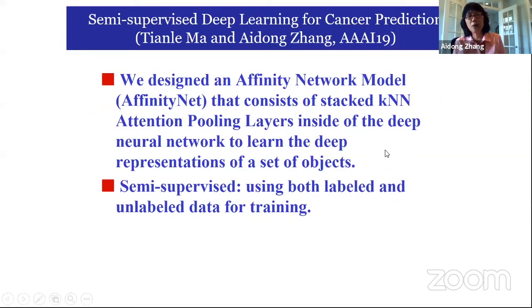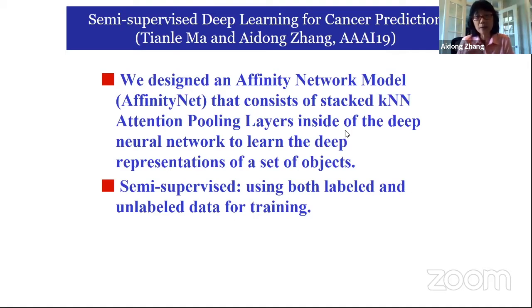With that, I just want to mention we recently published a paper in AAAI, a top AI conference, last year. The title is Semi-Supervised Deep Learning for Cancer Prediction. In that method, we designed a neural network which utilizes both supervised and unsupervised learning, by utilizing the inherent gene relationship and enforcing KNN inside of deep learning.